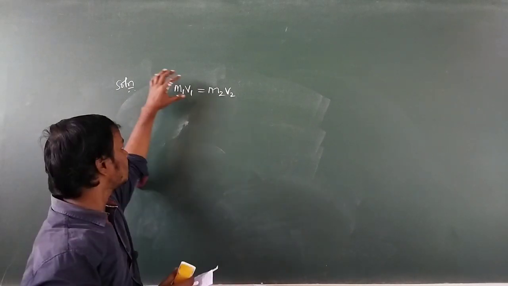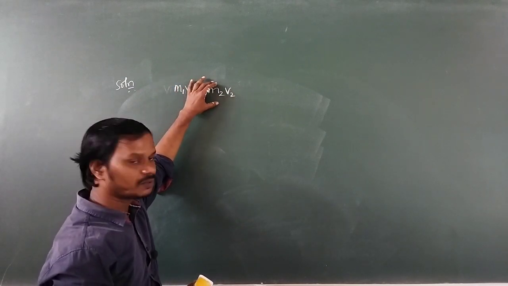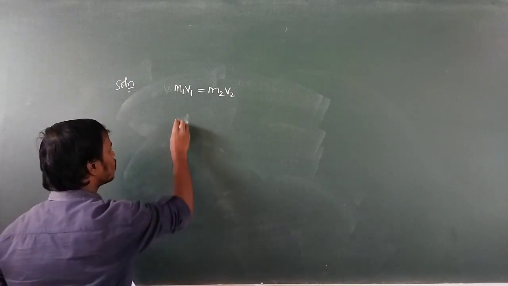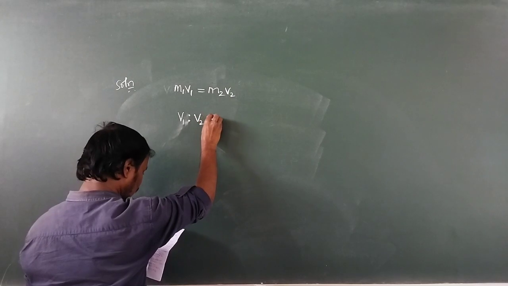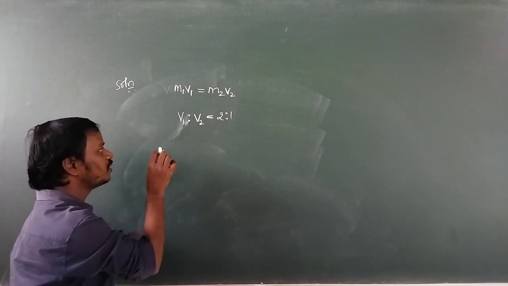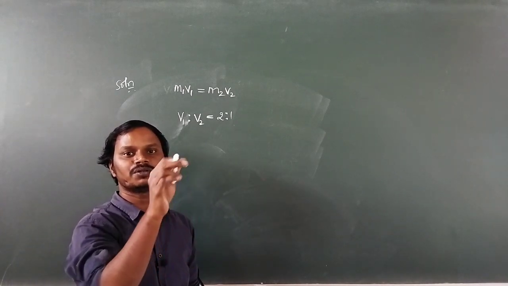Then the velocity ratio given, that is v1 is to v2 is 2:1, so v1 by v2 is equal to 2/1.